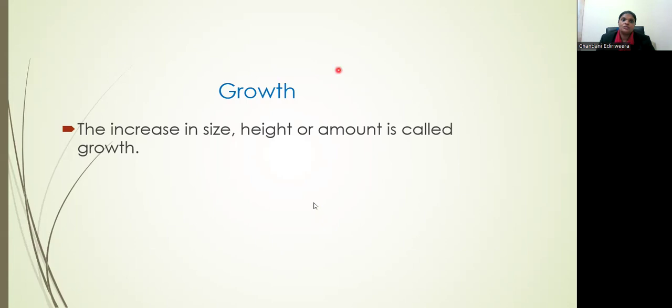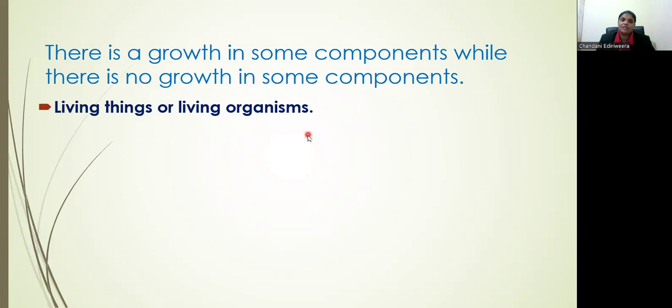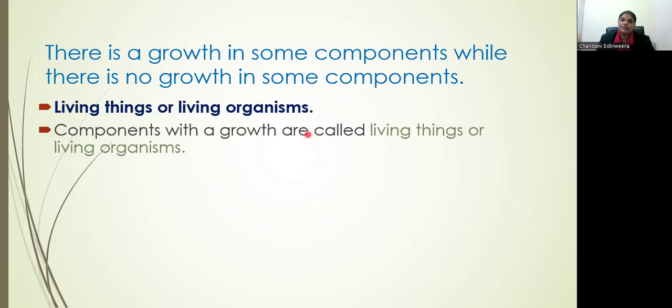So the things what you can see around, we can divide mainly under two categories. Some components, their size is increasing with the time. We call those ones as the living things. So the living things or the living organisms mean the components which are growing with the time.